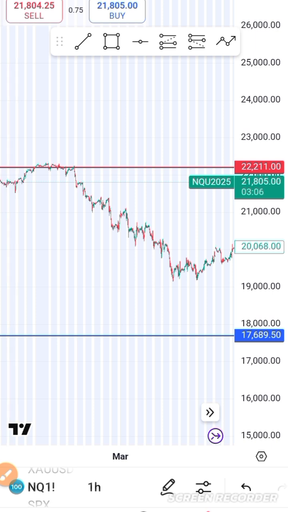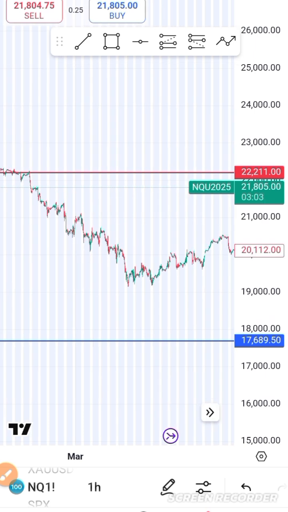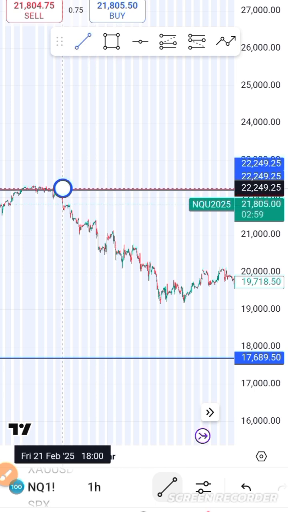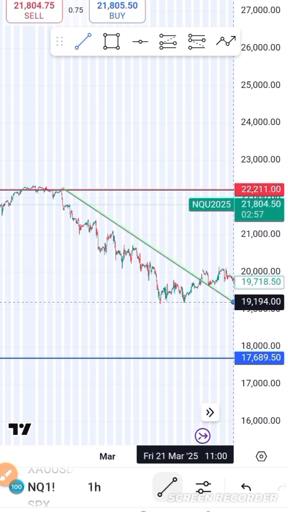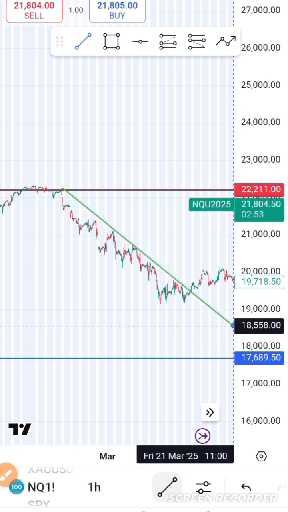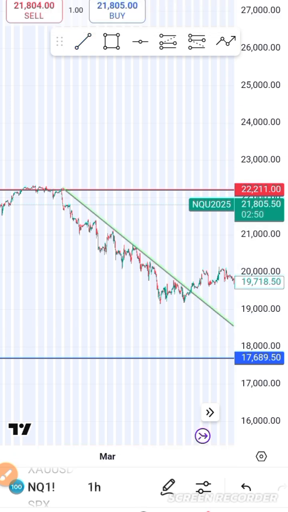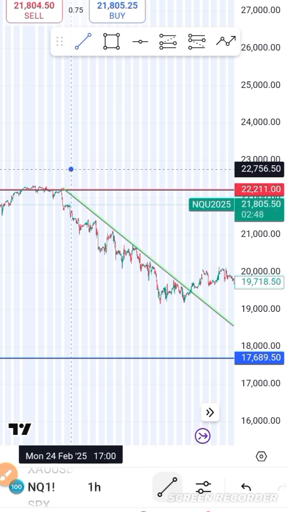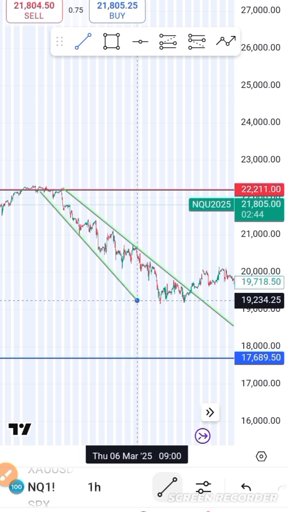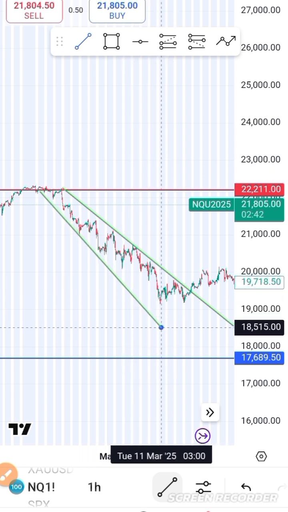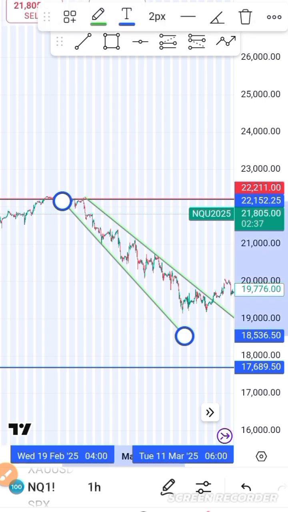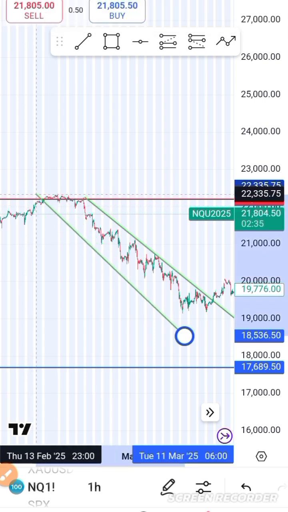So guys, when the market is in a downtrend, something like this, and then something like this, and then also. Remember that you don't need to confuse yourself with the colors of trend lines.